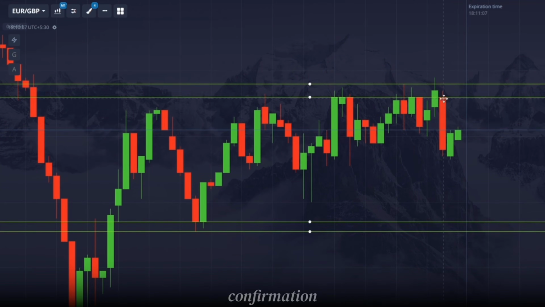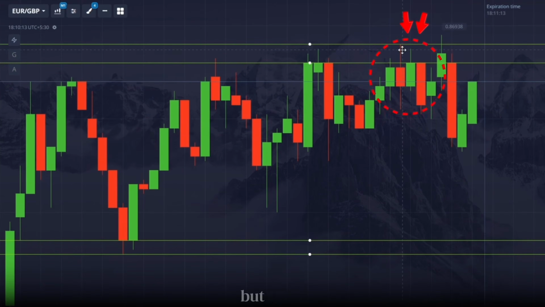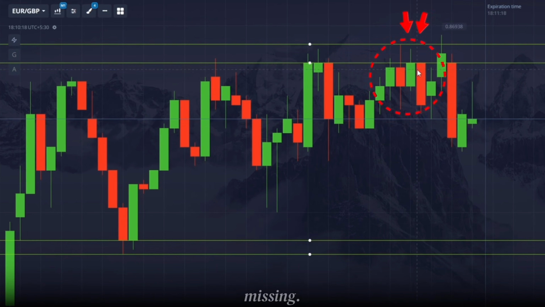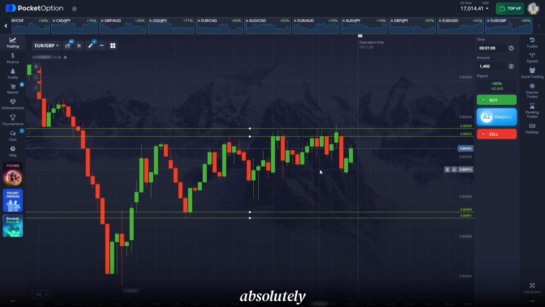I found selling confirmation here, and I placed the trade, and the price reverses here also. I found confirmation here as well, but I was late, so I didn't place the trade, and here the confirmation part was missing. So the analysis in both the trades is the same, the strategy is the same, and our analysis went absolutely correct in today's session.